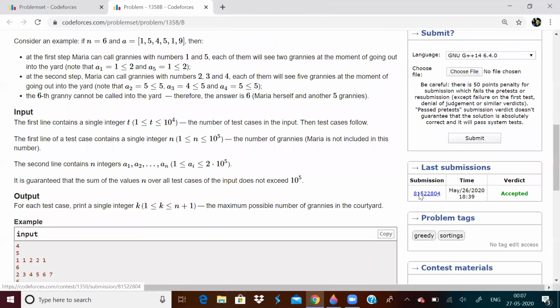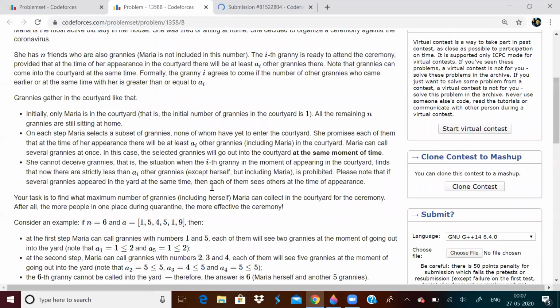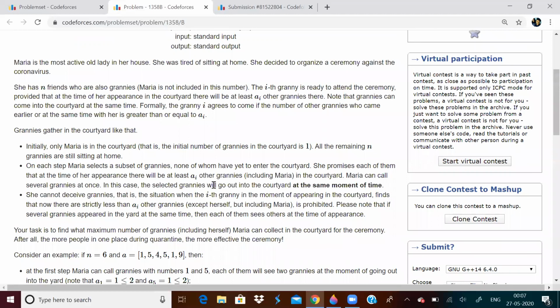Now let us look at the second one. Second question was also very big. I hope you have already read the question. If I have to tell the question in brief, there is a grandmother called Maria, and she is organizing some ceremony, and she's calling some other grannies, and those grannies have some value, AI.